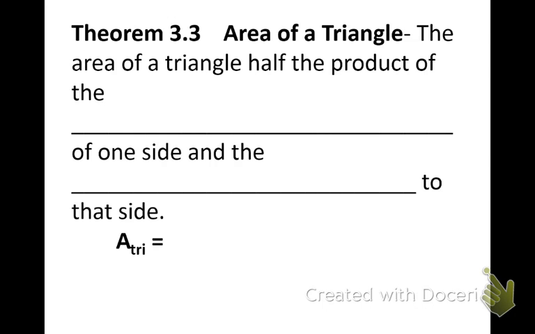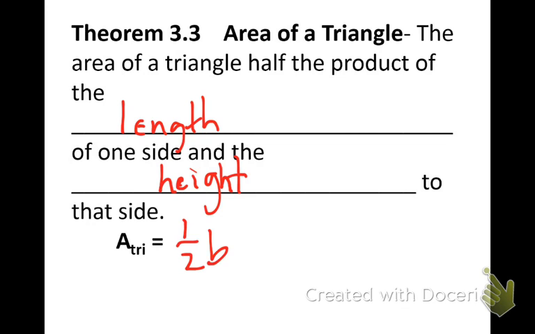Theorem 3.3. The area of a triangle is half the product of the length of one side and the height to that side. So the area of the triangle is 1/2 base times height.